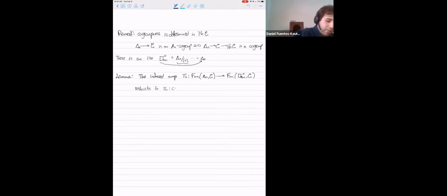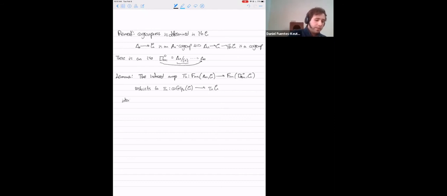So it restricts to a map from A_N cogroup objects in C to this category T_N of C of special punctured cubes. And so I have a direct relation between the two.